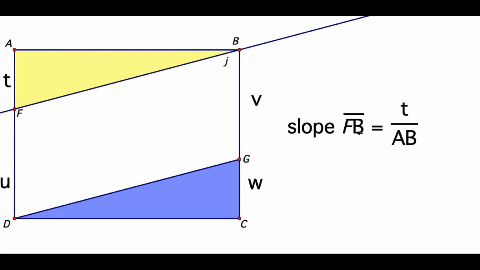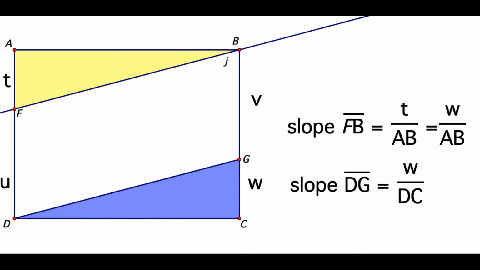So I can say that the slope of line FB is going to be equal to rise, which is T, over the base, which is AB. But since I know that T and W are the same thing, I can say that that's the same thing as W over AB.